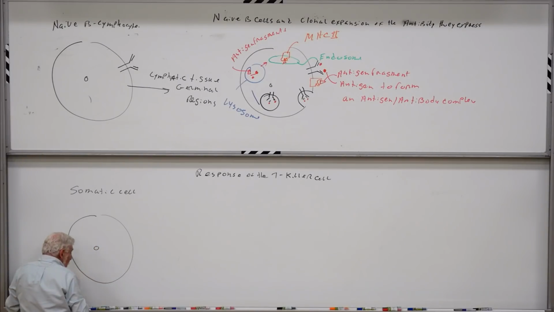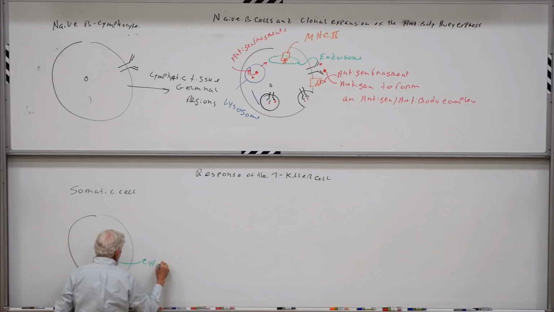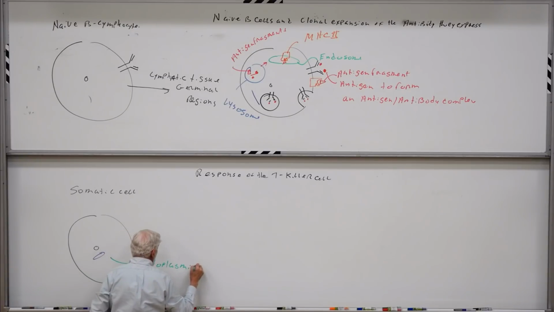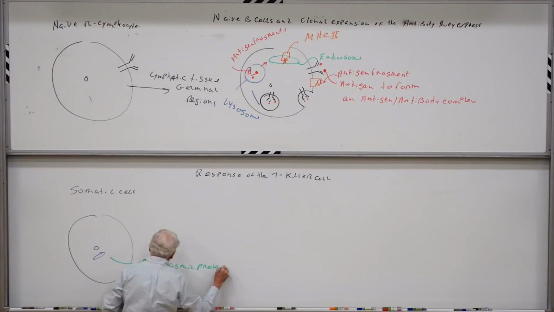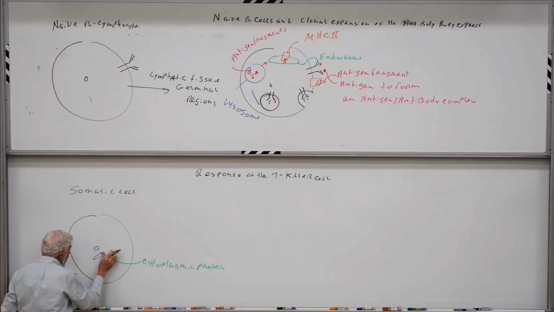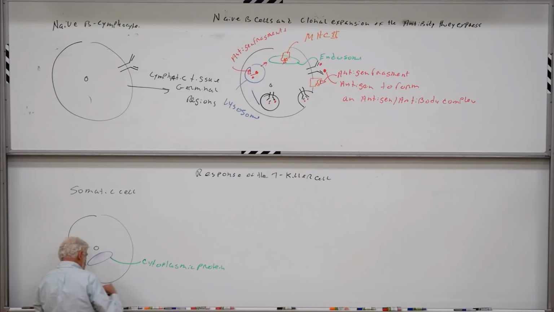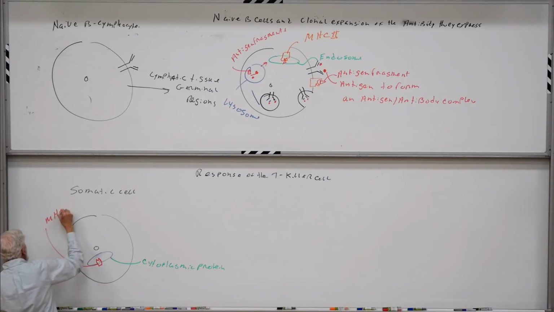And what these cells are doing is they're continuing throughout life. They're taking in cytoplasmic proteins, chopping them up into smaller pieces, and mounting them on a protein here called MHC1.